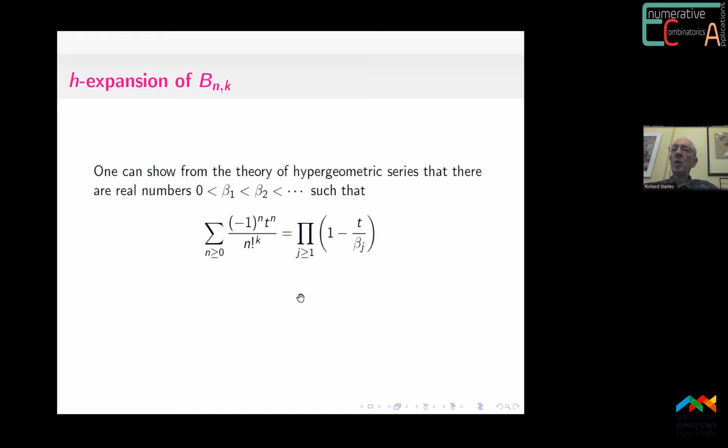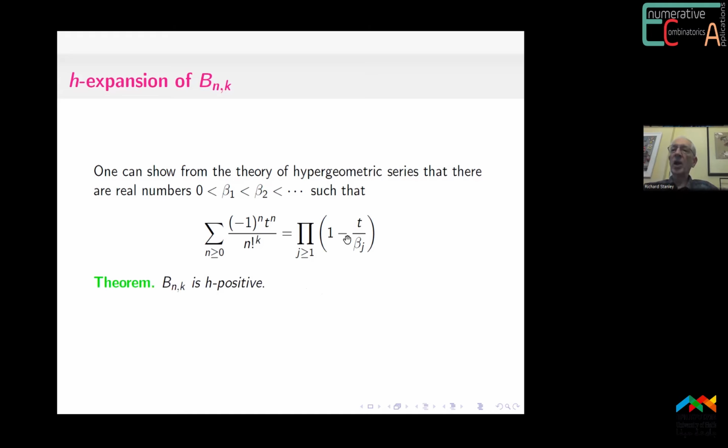In other words, its complex zeros are real numbers, positive real numbers, each occurring with multiplicity 1, and the sum of their reciprocals converges.